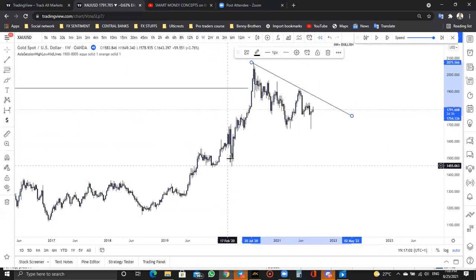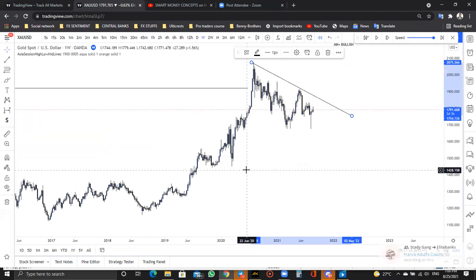You can see that there was an aggressive push from this point, an aggressive push from this point. This is where your probabilistic art comes into trading, because you don't know where it's going to reverse, but you know that the weekly can show you where it can likely reverse, right?